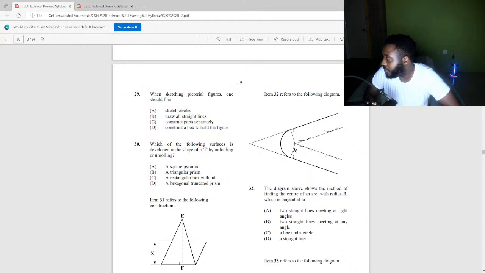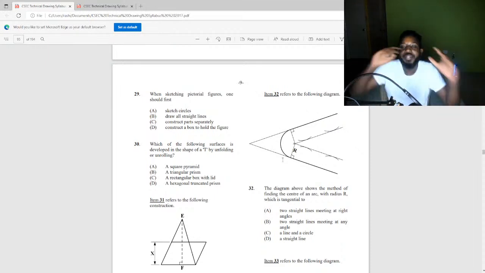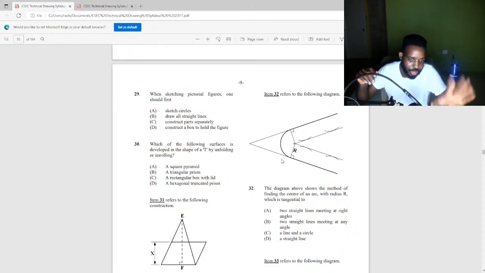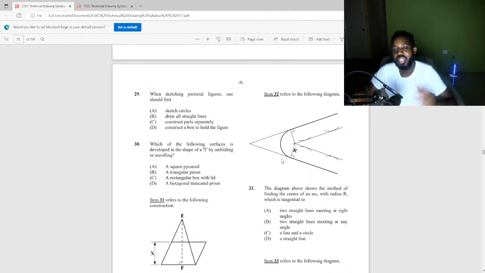Number 29. When sketching pictorial figures, one should first do what? What's the first thing you should do when you're sketching something? Would it be sketch circles, draw all straight lines, construct parts separately, construct a box to hold the figure? Let me give you a few seconds to see if anybody answers.